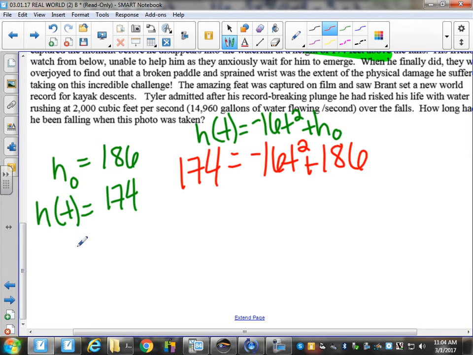What am I going to subtract? So what am I solving for? What variable? T. I'm solving for t. So I want to get t by itself. So what do I have to subtract? 186. The only type of problem where you want it set equal to 0 is velocity.